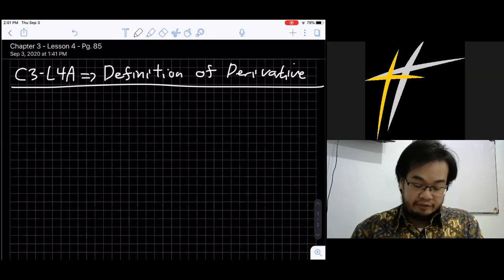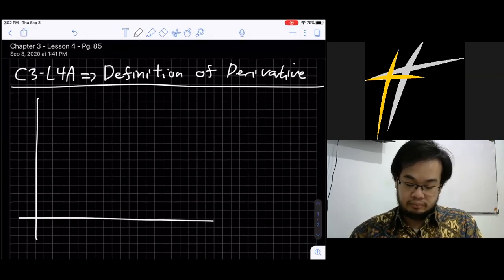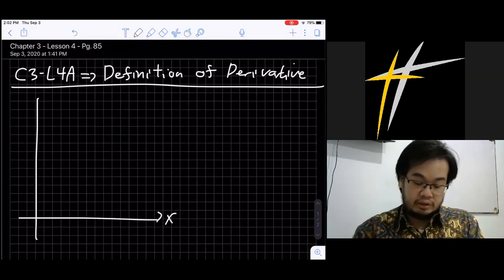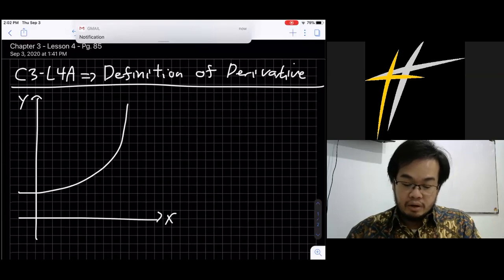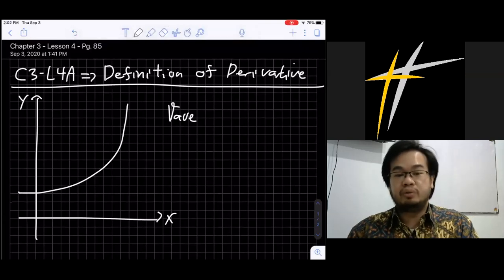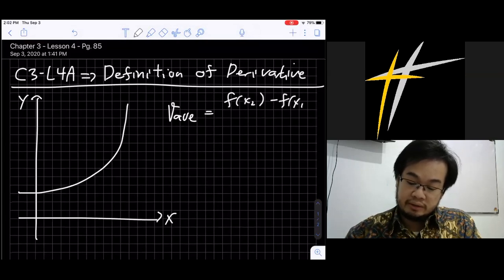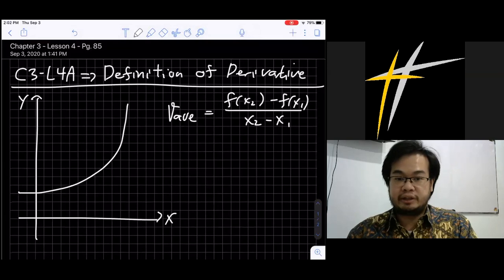Okay, so if I have a graph, this is x, this is y, and let's say that it's changing exponentially, like that. So basically, before we used the average rate of change, it means we are using f of x2 minus f of x1 over x2 minus x1.